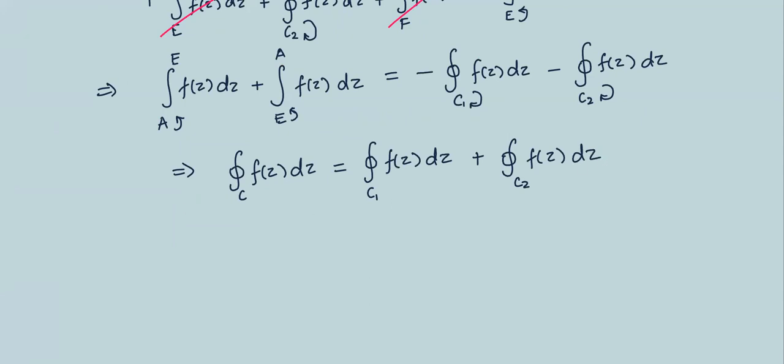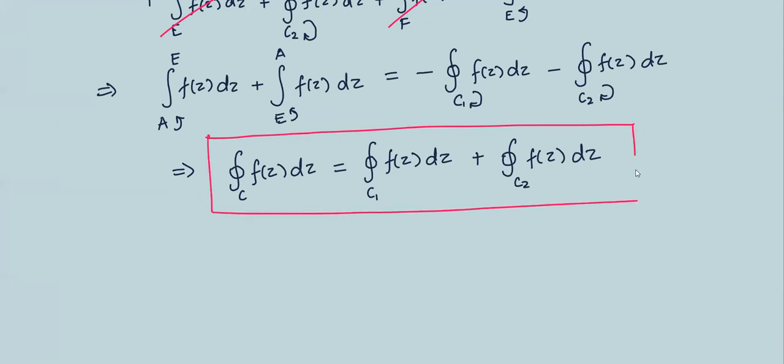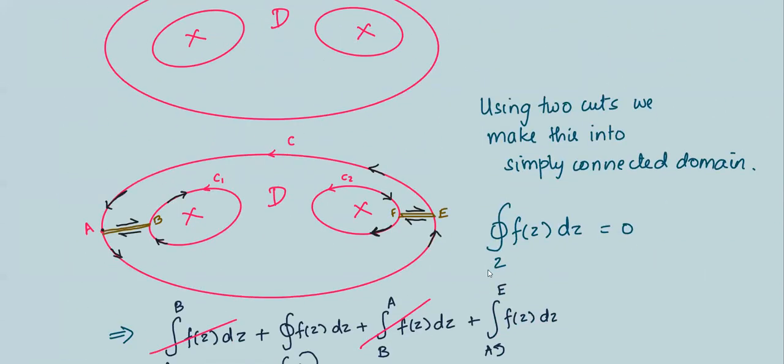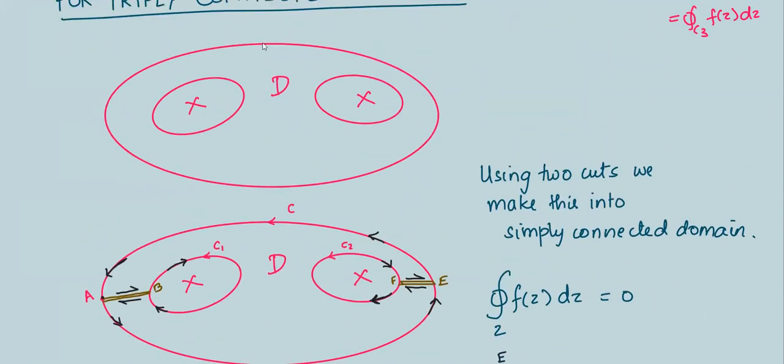Very important result. Cauchy's integral theorem for multiply connected domain. Now look at this. This is C and this is C1. This is C2.